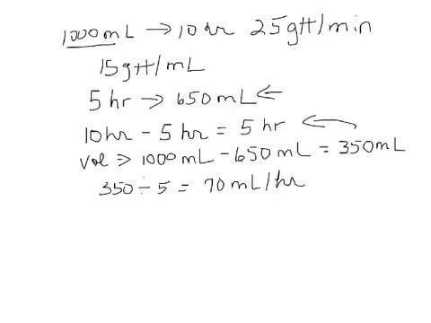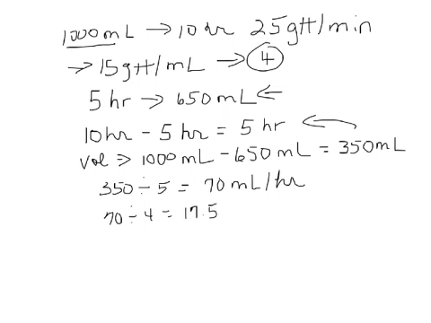Our set calibration for 15 milliliters, our division factor for 15 milliliters is what? 60 divided by 15 is 4. So what would we need to do? We would take our 70 divided by 4 equals 17.5.